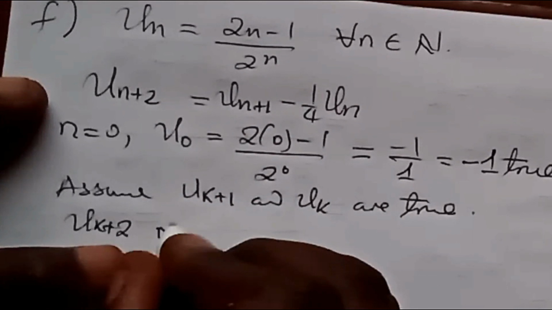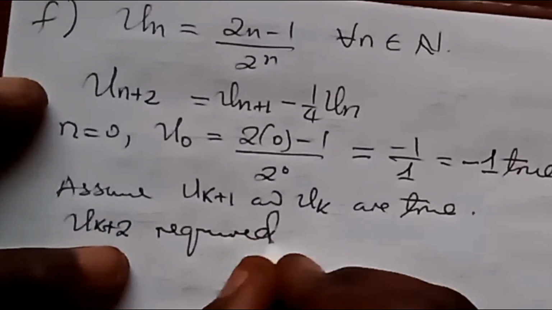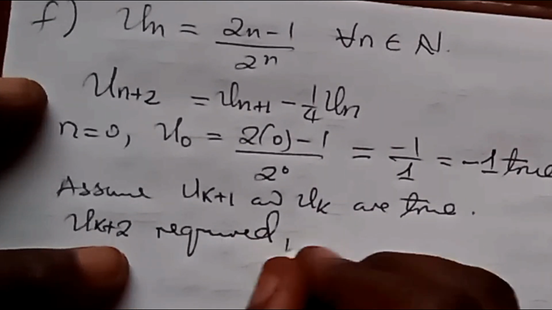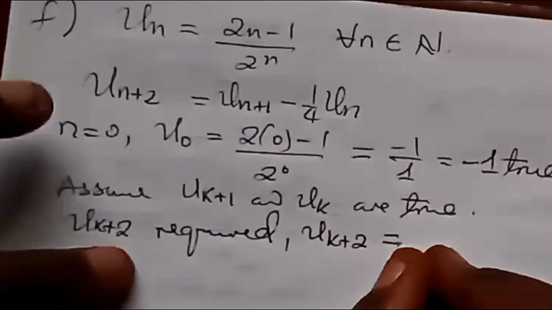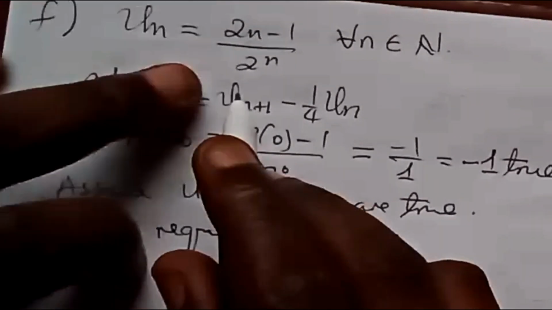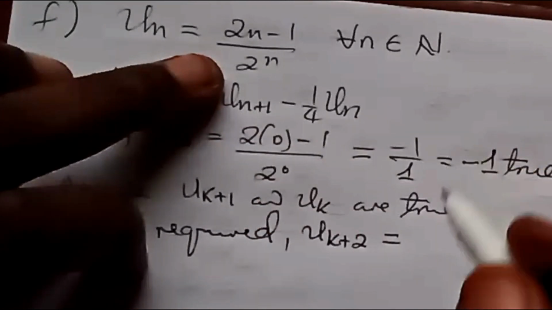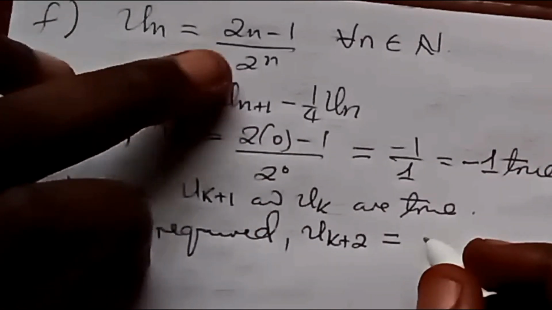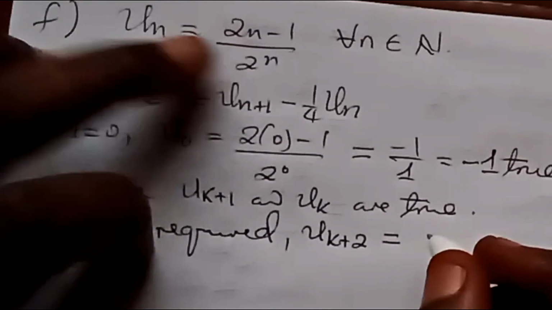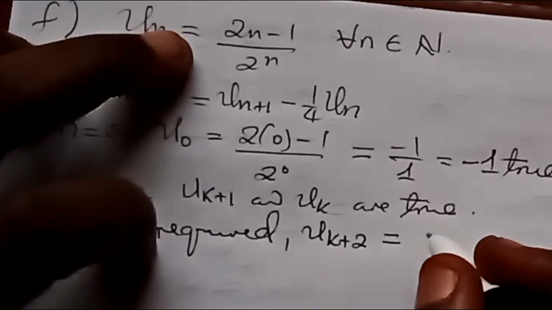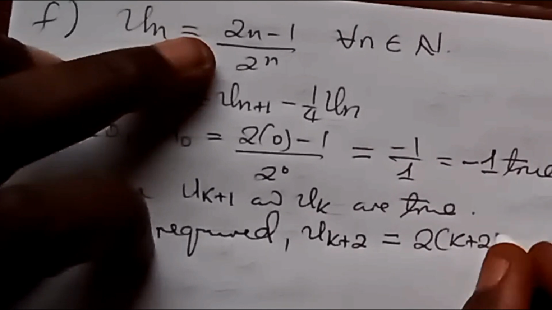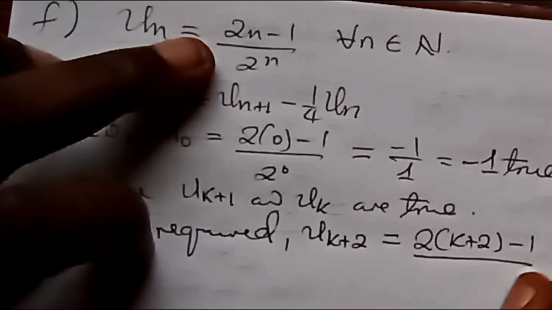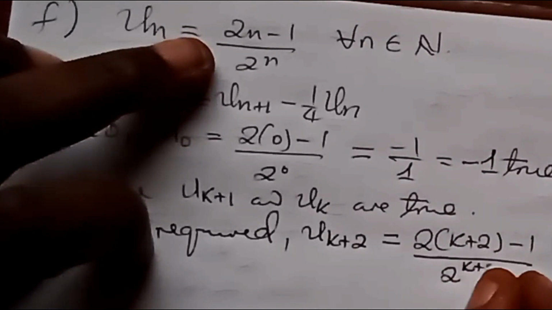Now we are required to prove that uk plus 2 should be, I do a direct substitution to have a guide of what is expected of me in the inductive step. And I will replace every n in un by k plus 2. That gives 2 into k plus 2 minus 1 all over 2 to the k plus 2.